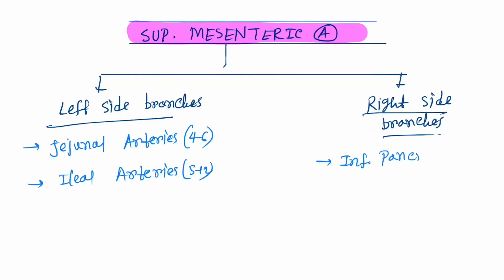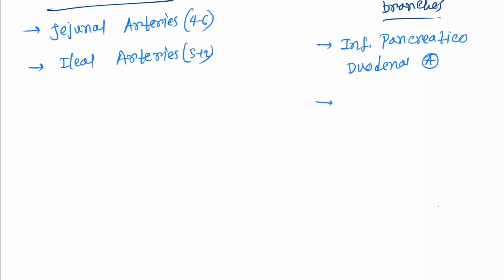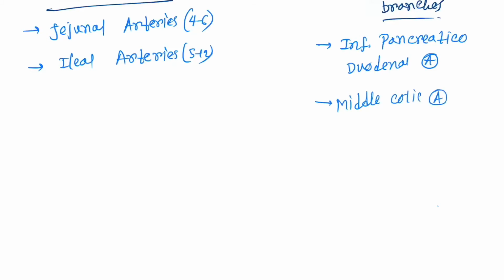Okay, right side branches: inferior pancreaticoduodenal artery and middle colic artery and right colic artery, and another one is the ileocolic artery.